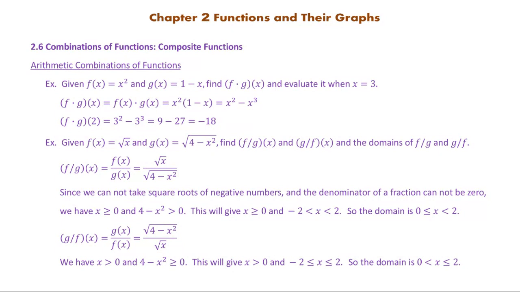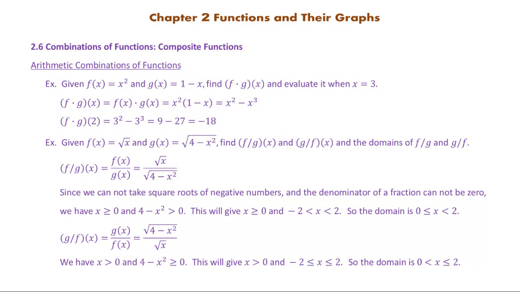And then, in addition, we have another thing to consider: the denominator cannot be zero when you divide two numbers or two functions. So we've got a few things to consider. Each of those functions is a square root function, so that will define the domain of those functions.